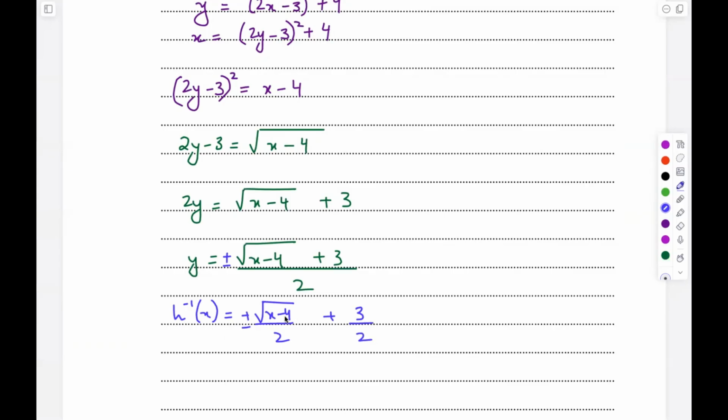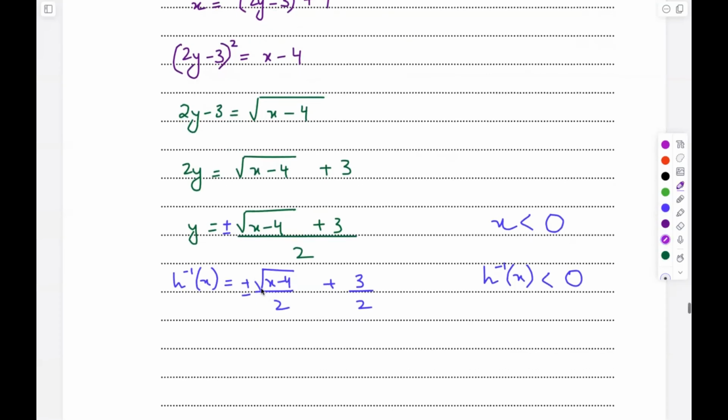Now, the domain of h of x was less than 0, which means that h inverse of x will also always be less than 0. So for it to be less than 0, this term must be negative. If this term is positive, this whole term will become greater than 0.